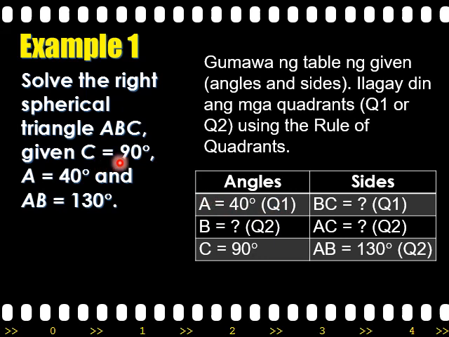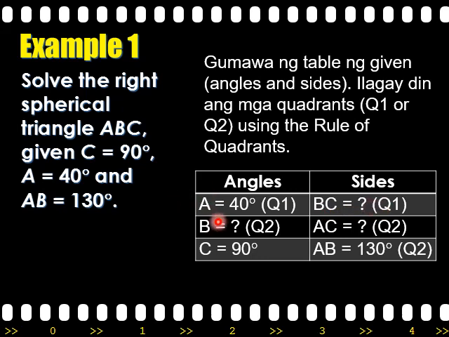So, here, our given, when we plot it, is the 40 degrees at angle A. Its opposite side is BC. So, already here you identify which quadrant it is. Since 40 degrees is in Q1, using rule number 1 of the rule of quadrants, side BC is also in Q1.